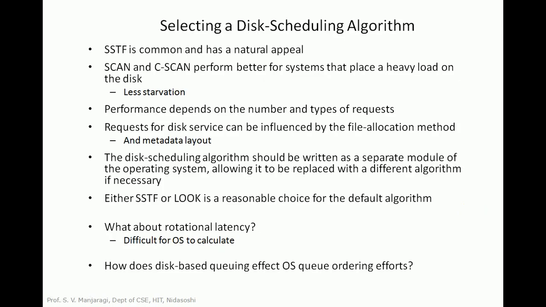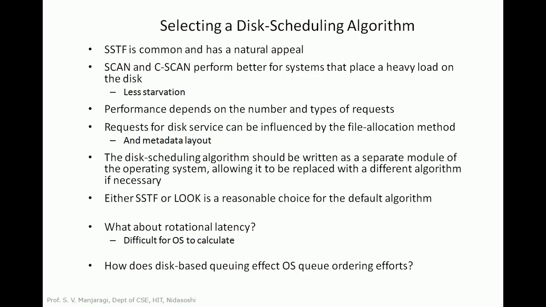Now, which algorithm is better? SSTF is the most common and widely used disk scheduling algorithm. Scan and C-scan perform better for systems that place a heavy load on the disk. So if there are many I/O requests in the system, then it is better to go for scan or C-scan.